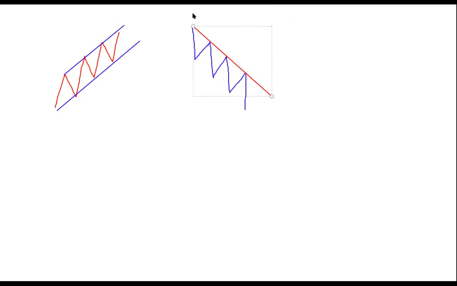Now, it does not have to create a channel, and it doesn't have to always hit the top or the bottom of the channel, and you must expect manipulation at the highs and at the lows of the channel, just as you would expect manipulation at the highs and at the lows of the day.